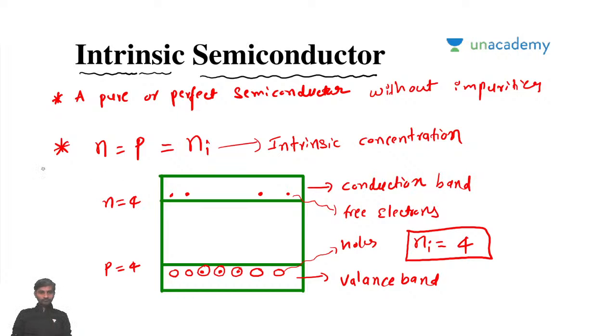Always, for intrinsic semiconductors, n is equal to p is equal to ni. Okay, next.